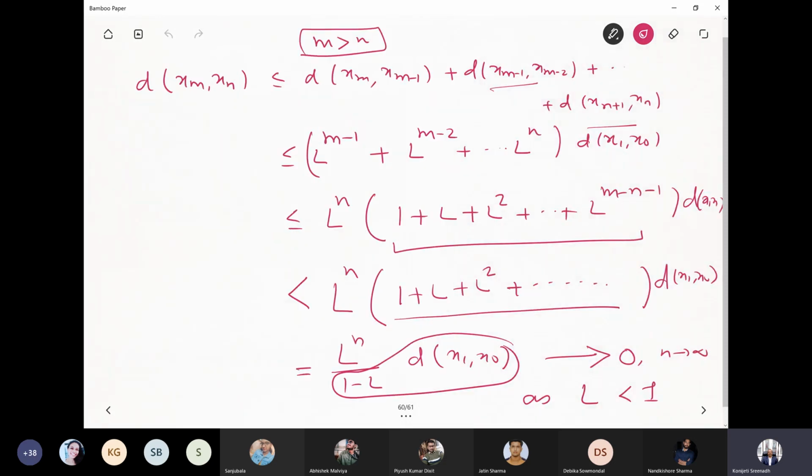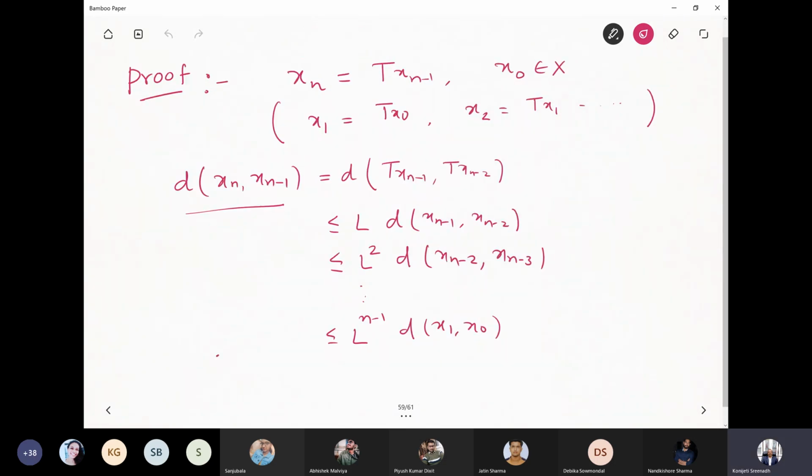If we can show that the sequence is convergent, or rather, the sequence need not converge as a whole for getting the fixed point.